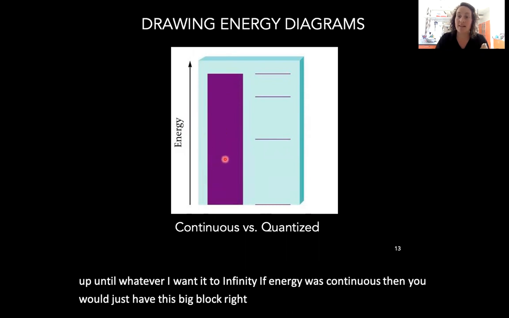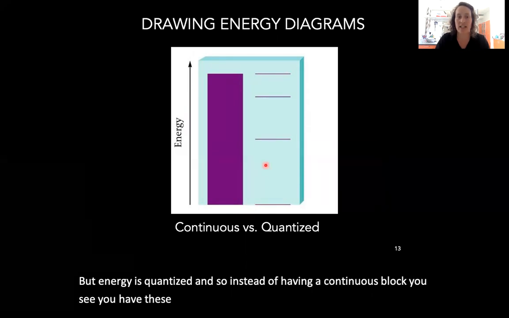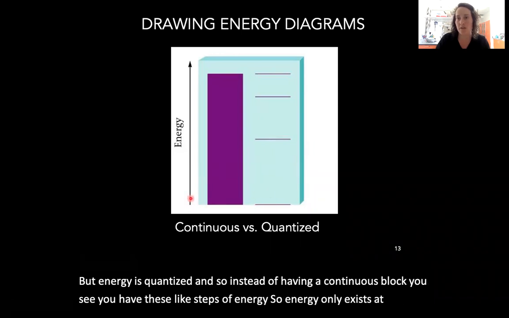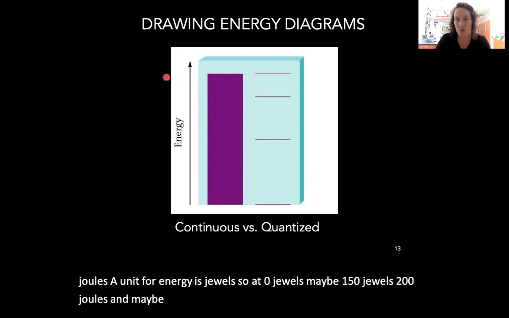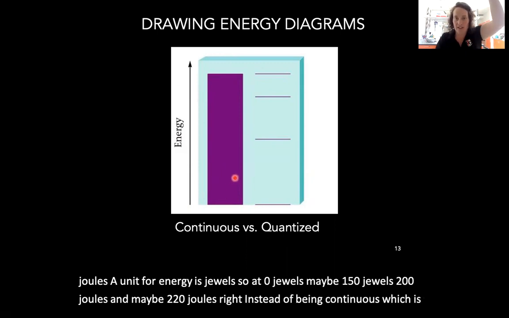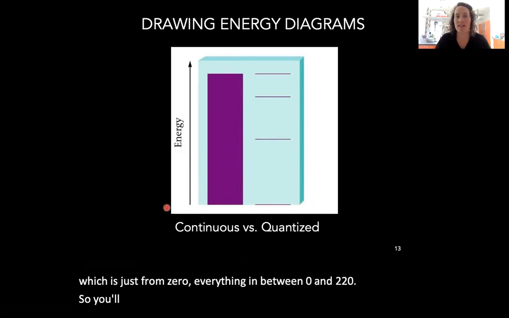But energy is quantized, so instead of a continuous block, you have these steps of energy. Energy only exists at 0 joules, a unit for energy, then maybe 150 joules, 200 joules, and maybe 220 joules. Instead of being continuous, which is everything in between 0 and 220. You'll see me draw this quantized energy diagram a little bit later.